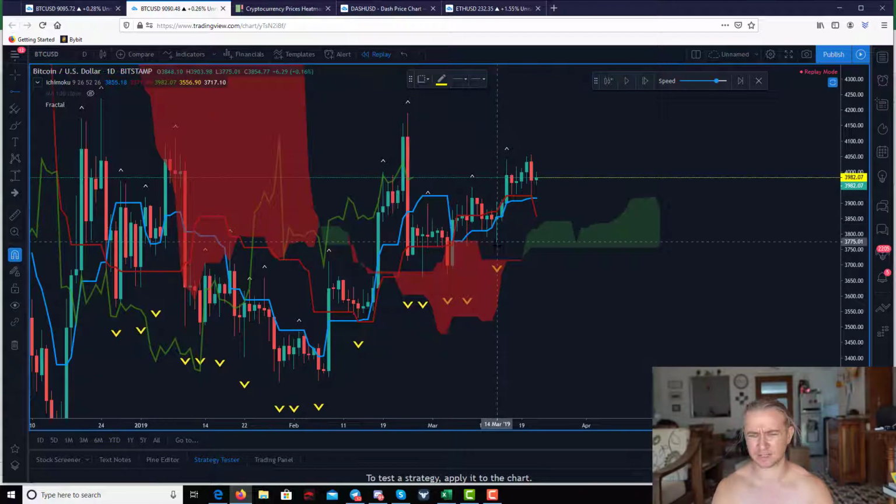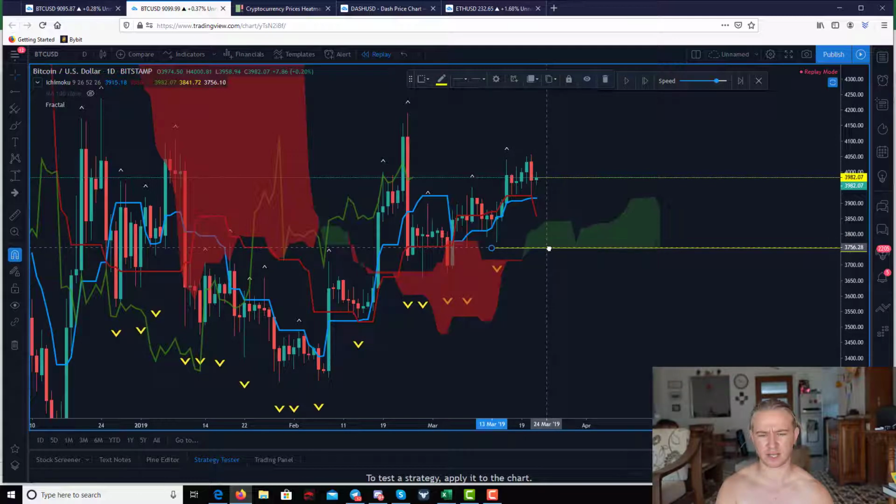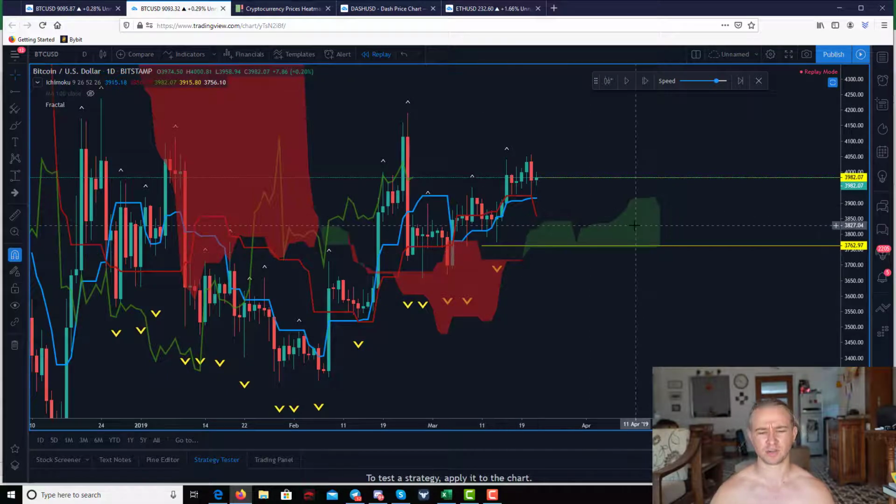It's 3,775. So I usually like to put the stop loss underneath the fractal in case we get some play back in this area and price wanted to come back to that level. So now I'm going to remove the Kumo and Chikou span just to clean up the chart a little bit better, so we can visualize this play out.